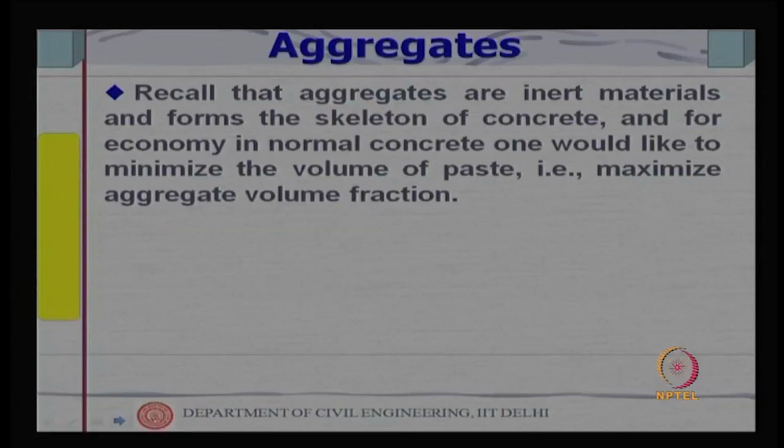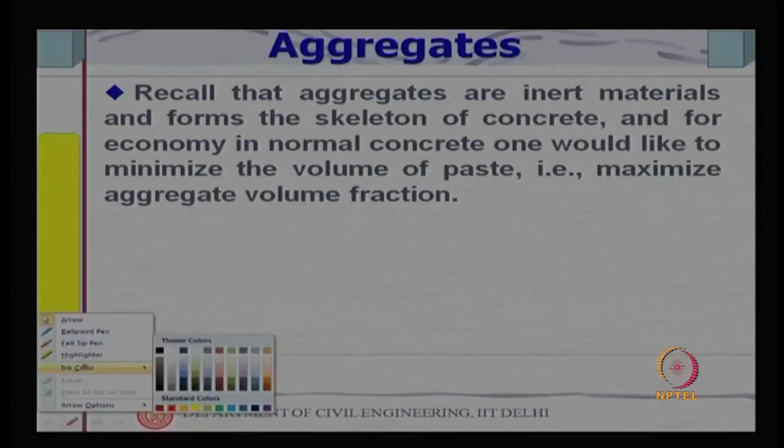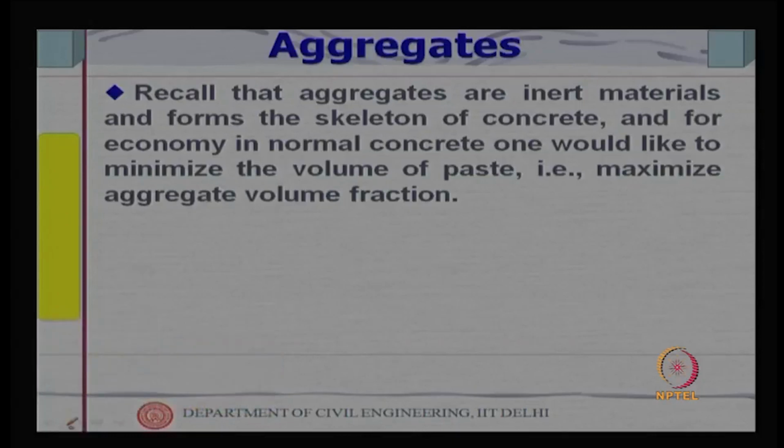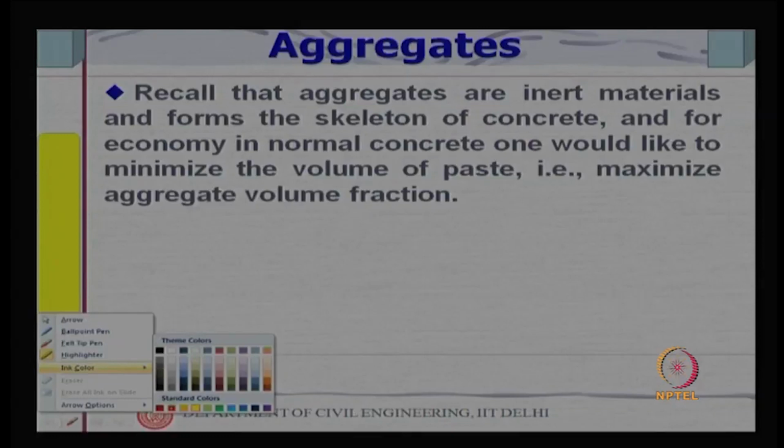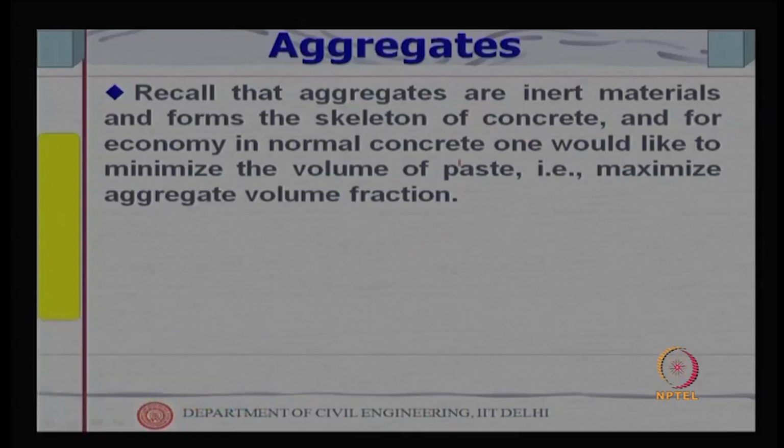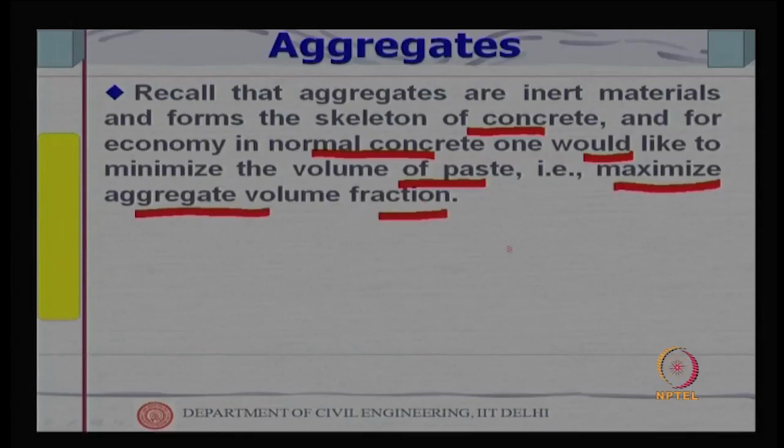Now, recall that aggregates are inert material. They are inert material supposed to form the skeleton of concrete, and for economy in normal concrete one would like to minimize the volume of paste, in other words maximize aggregate volume fraction.